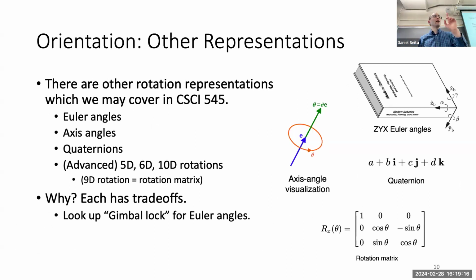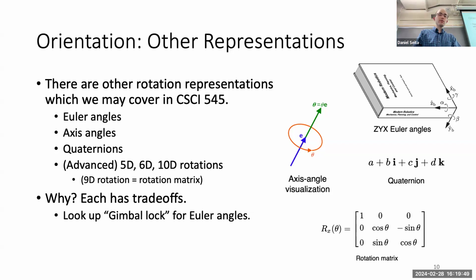All right. So we're mostly going to talk about rotation matrices today, because they're a very useful representation. But the thing to remember about rotation more generally is that there are many other rotation representations. I may decide to cover them later in one of the lectures near the end of the course, but just be aware that there are representations that involve Euler angles, which are 3 numbers for rotation.